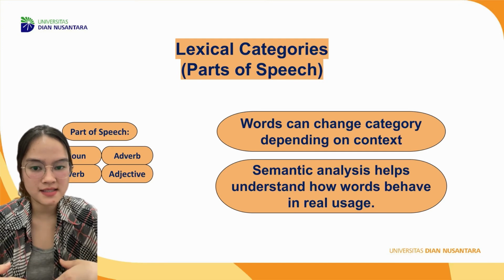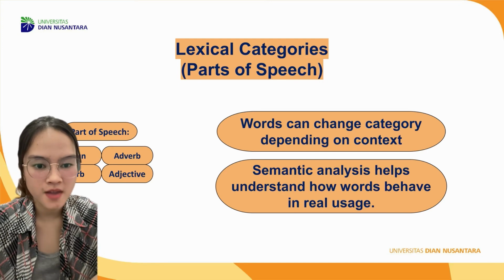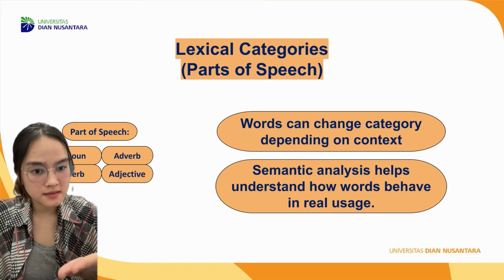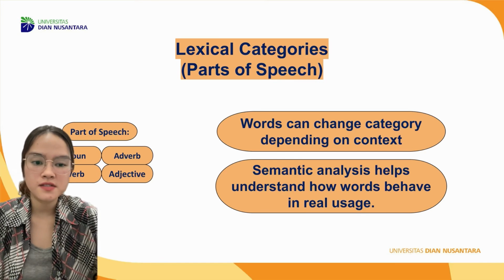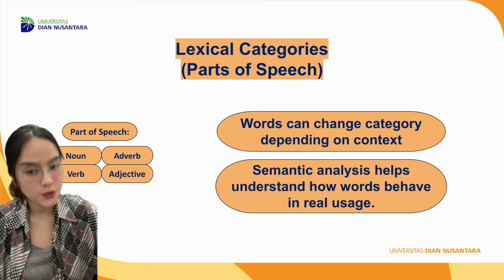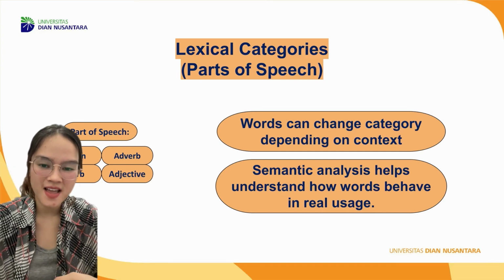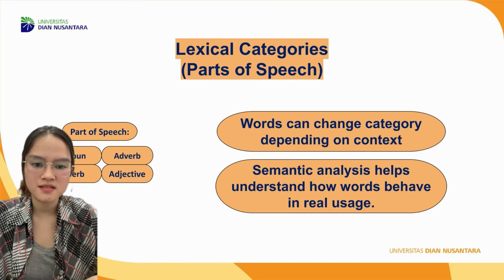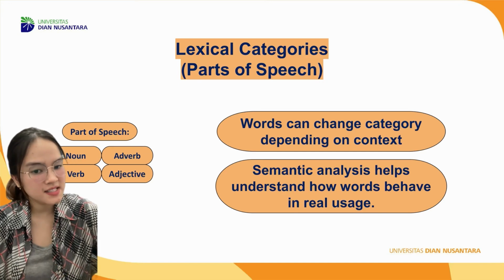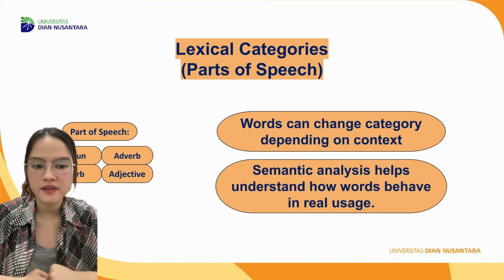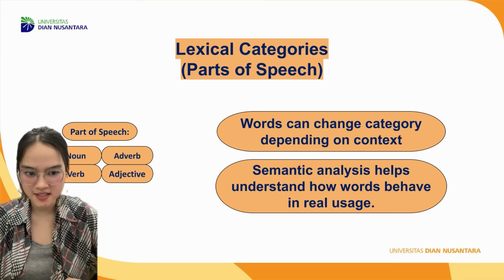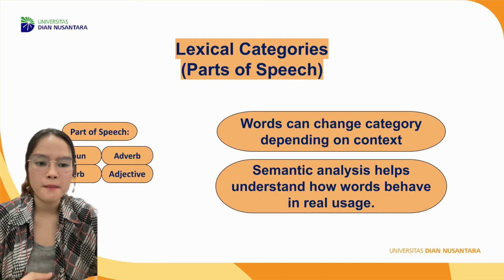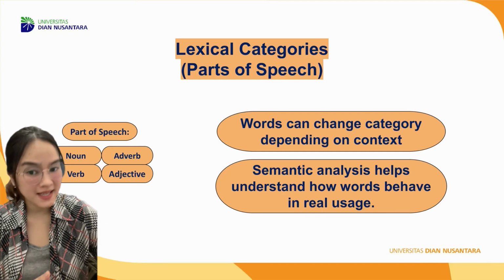The context is different. So, what's happening? The same word shifts roles depending on how it's used. And that's why in semantics we don't just memorize categories, we look at how words function in real communication. It's about patterns, behavior, and meaning.